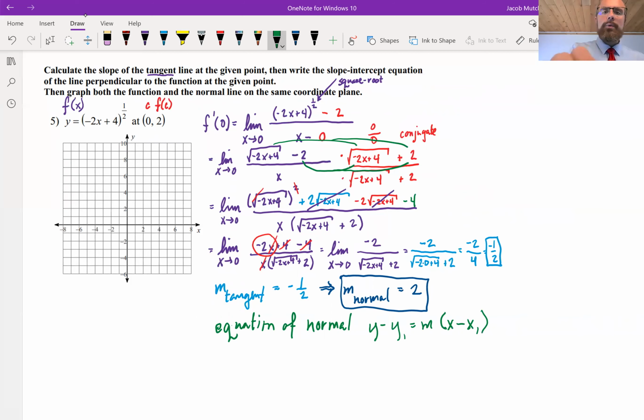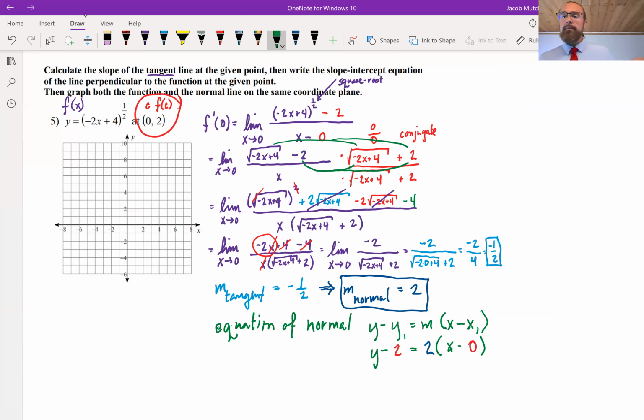So some of these things we already know. The slope of the normal line is 2. And then my x1 and y1 show up from my point, which we had called c, f at c. So the x1 value is 0. The f at c value, or y1, is 2. And then the other parts of the point-slope formula I'm just going to import. y minus 2 equals 2 times, parentheses, x minus 0.